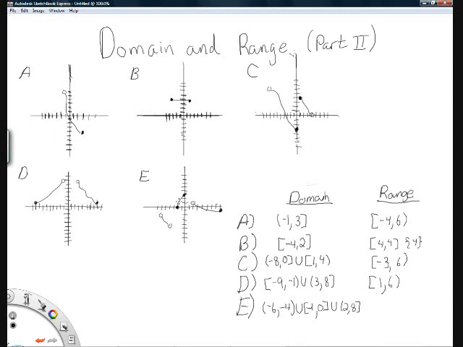So therefore, I don't need to represent that it's not included for this one because it is included over here. So let's write that out. -4 up to -2. Union bracket -1, up to 3.